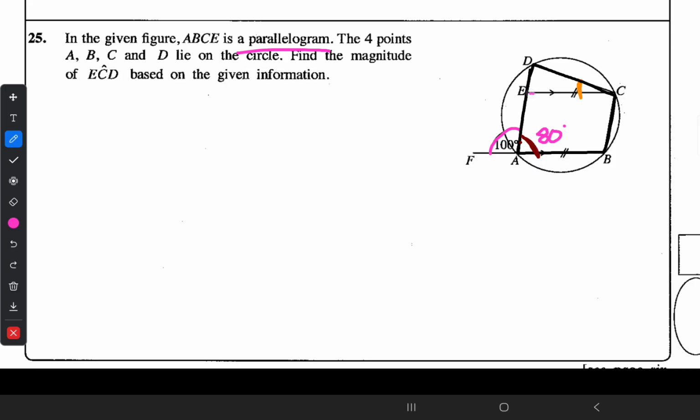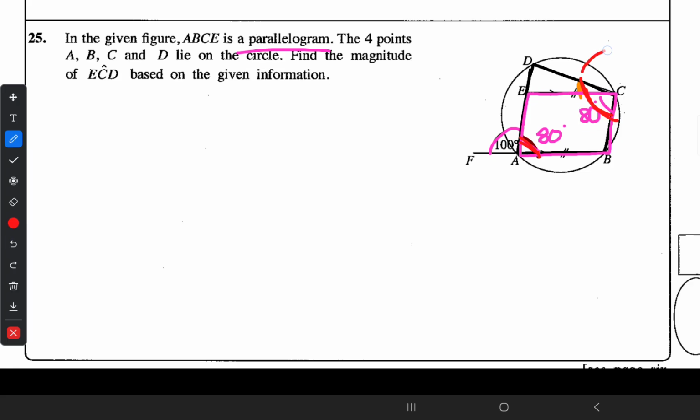And another additional data, ABCE is a parallelogram. In a parallelogram, opposite angles are the same. Now, if this is 80, this one also should be 80. Additionally, we found another detail that in a cyclic quadrilateral, the sum of opposite angles is 180. If this is 80, the total angle would be 100. But according to the parallelogram's opposite angles, this one has 80. So 100 minus 80.